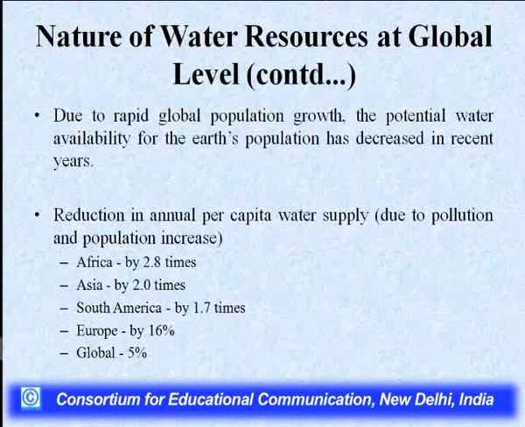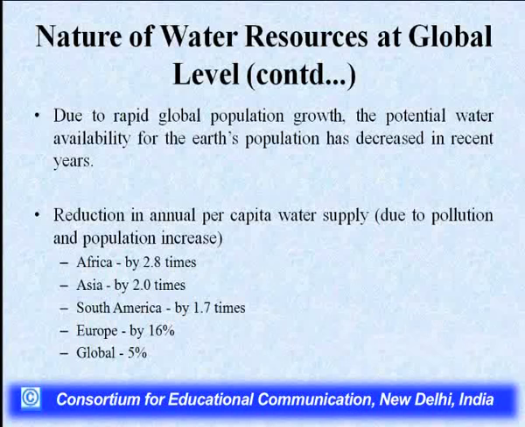We can see the nature at the global level: the rapid population growth is leading to more demand for water resources, and this is leading to a reduction in the annual per capita water supply, because of the increase in population and the degradation of water quality.